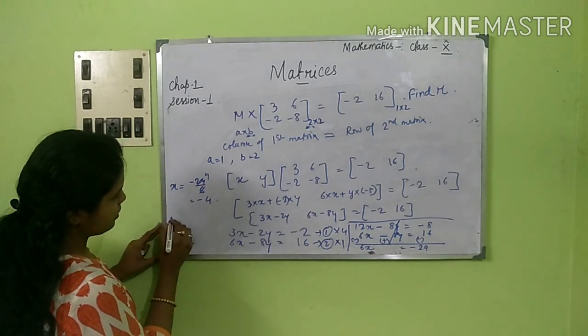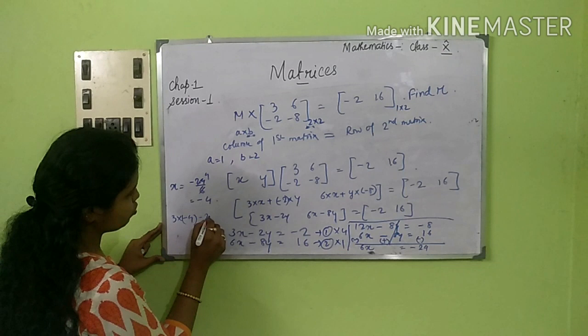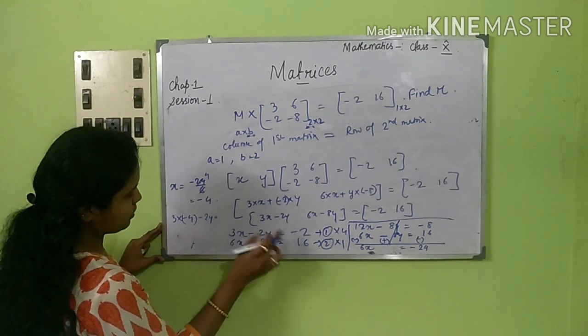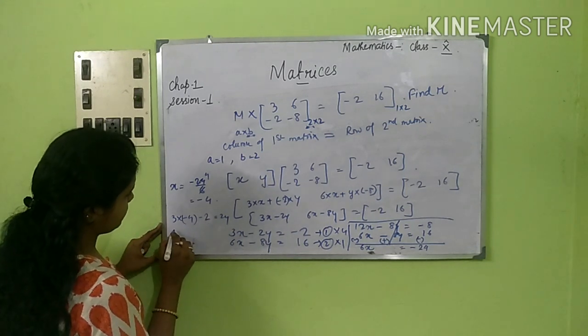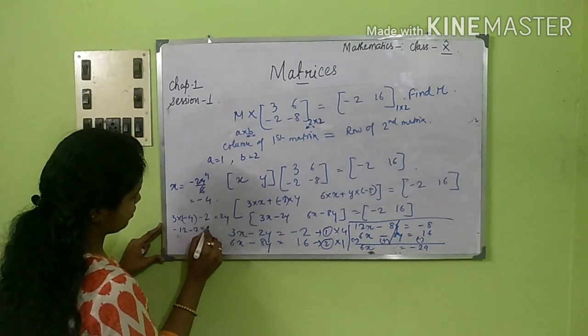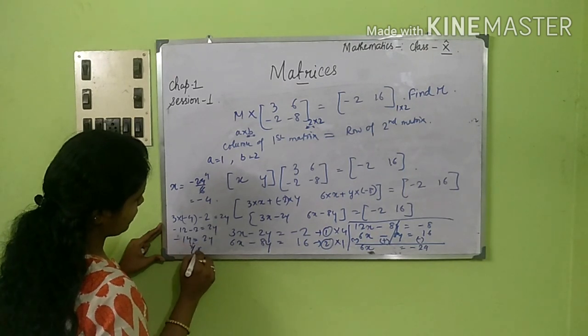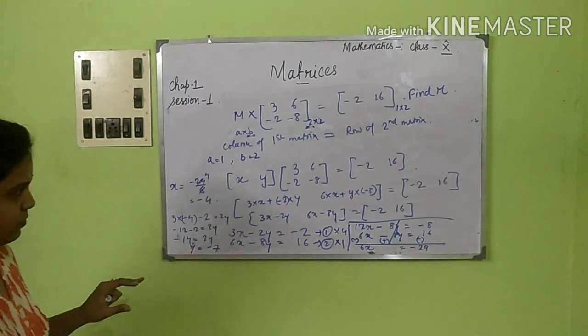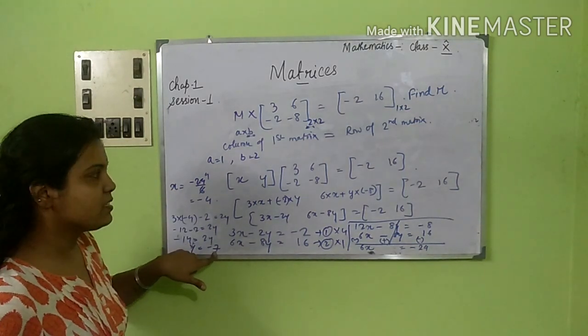Here you can put 3 into minus 4 minus 2y is equal to minus 2, you can bring this over here, that is equal to 2y. So you are getting minus 12 minus 2 is equal to 2y. You are getting minus 14 is equal to 2y. So y is equal to minus 7. So you got the value of x as minus 4 and y as minus 7.